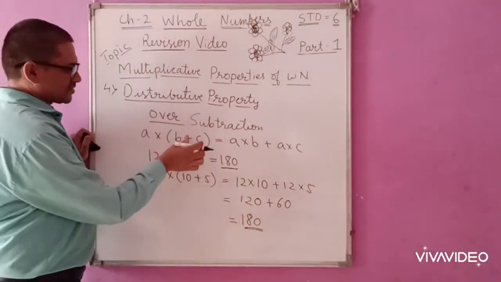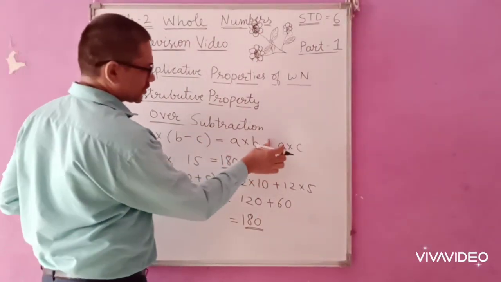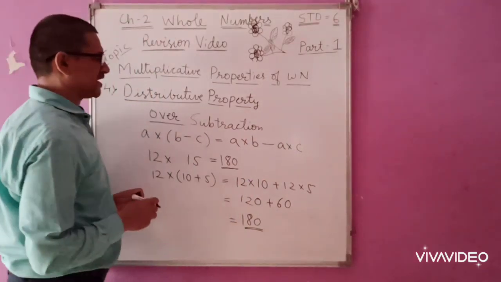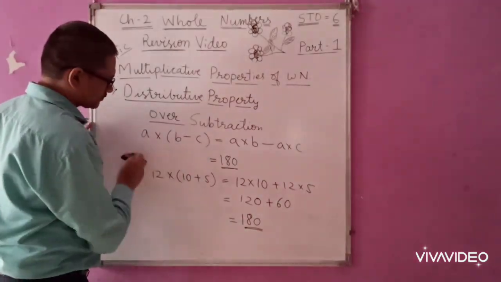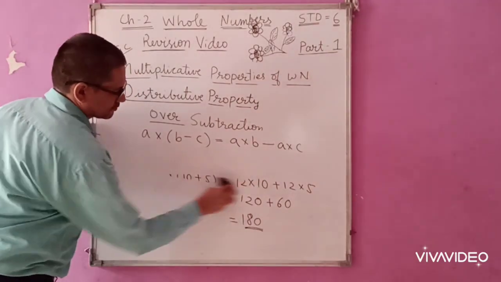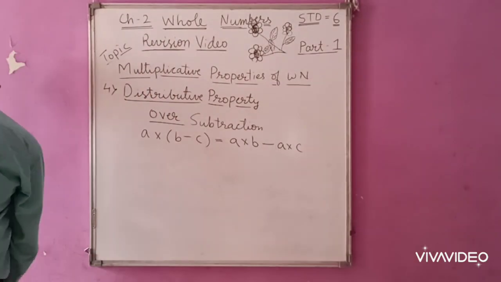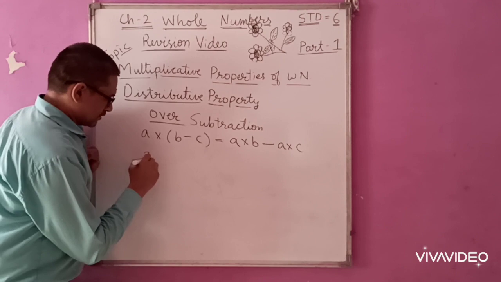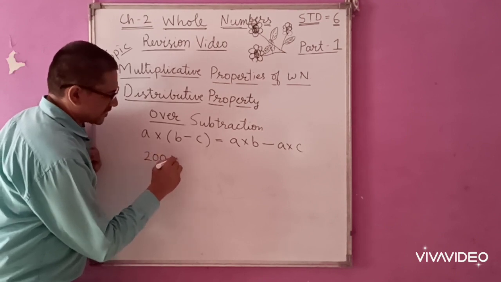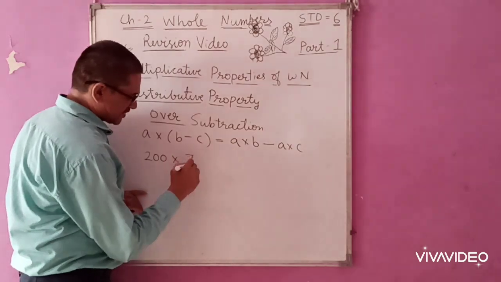In subtraction, the only change is B minus C. So here the sign will change to minus. Now if I give you an example, 200 into 78.